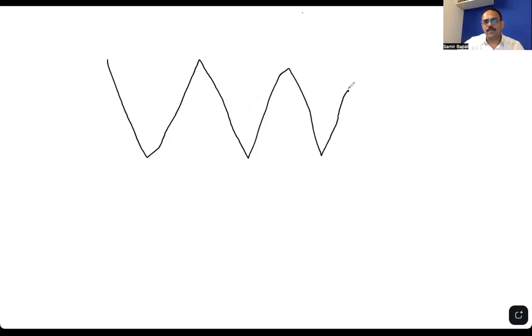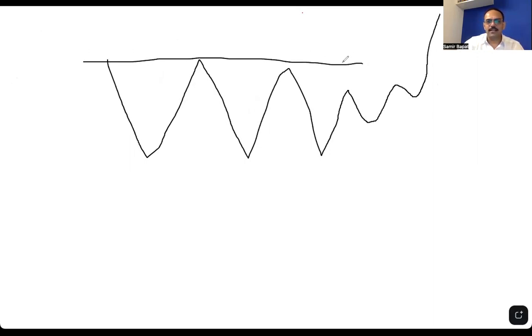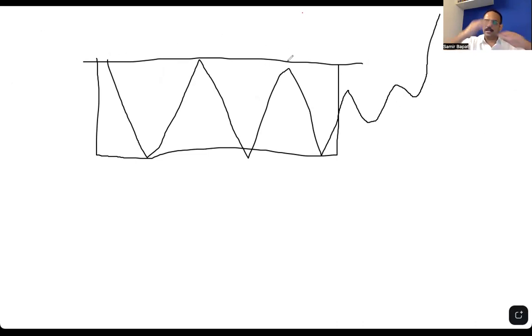When it is about to break out, it will start forming lows at a little higher levels like this, and then go up. So in this area we will observe that the lows are at almost the same level and highs are also at the same level.